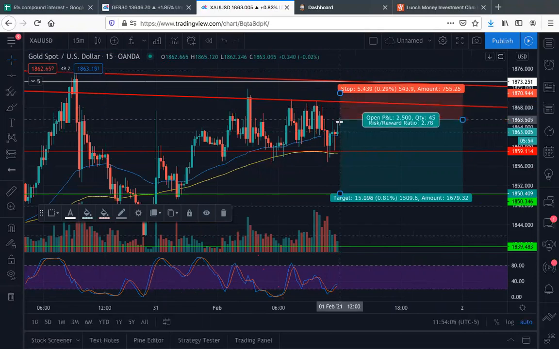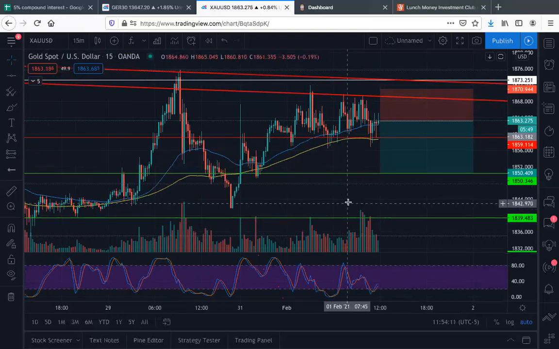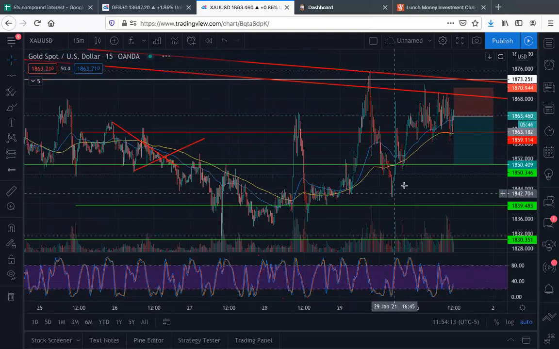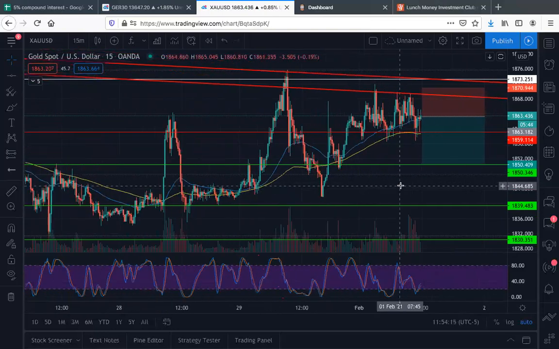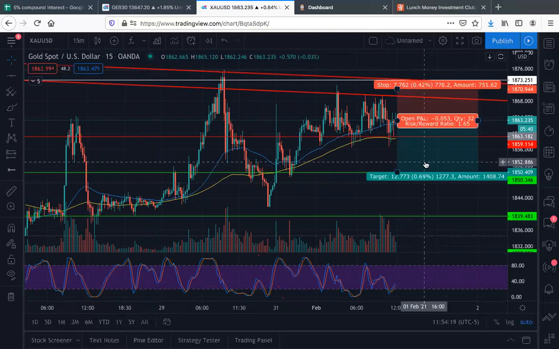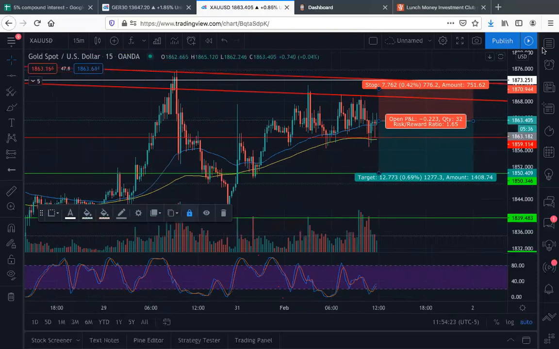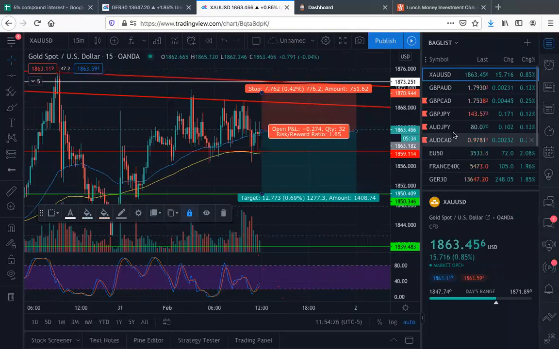If that does, that's a 7.2 risk versus reward on that. I still think price is going up overall, but right now in the short term, I'm gonna go ahead with a sell idea. I'm gonna go ahead and lock it up.